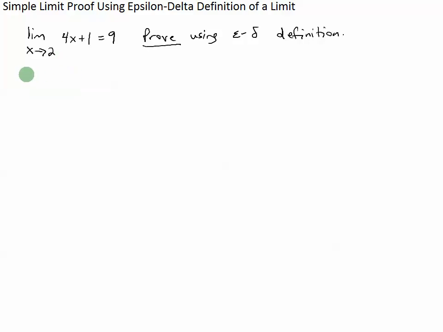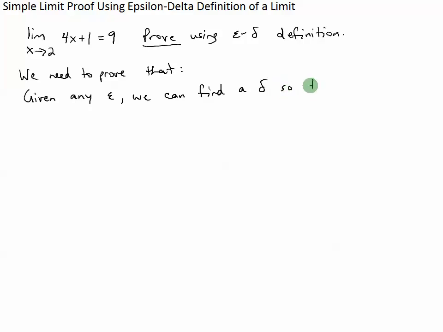In other words, we need to prove that given any epsilon, some small positive number, we can find another small positive number delta, so that if x is within delta of the number 2, x is close to 2, when these guys are close together, if this is true, then these guys are close together.